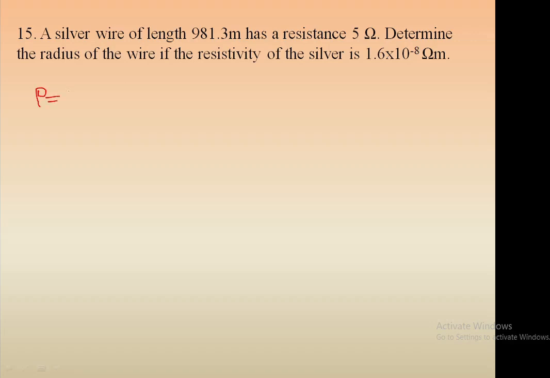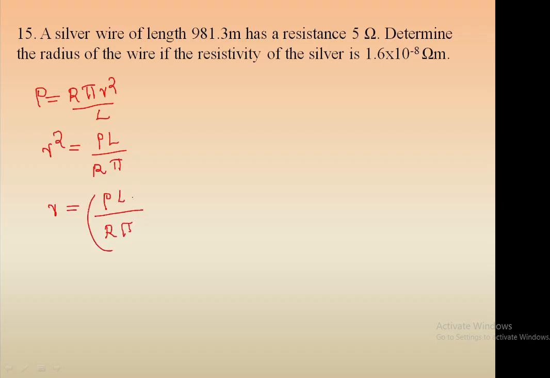Rho is equal to R into pi r square by L. Therefore, the radius square is equal to rho L divided by R pi. Therefore, radius is equal to rho L divided by R pi, all raised to 1 by 2.